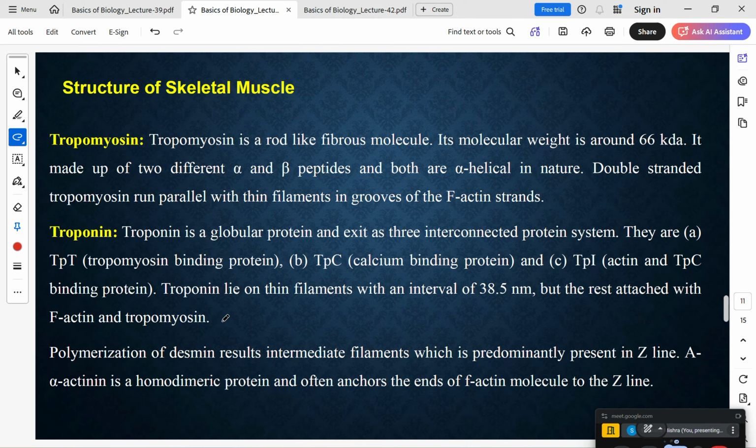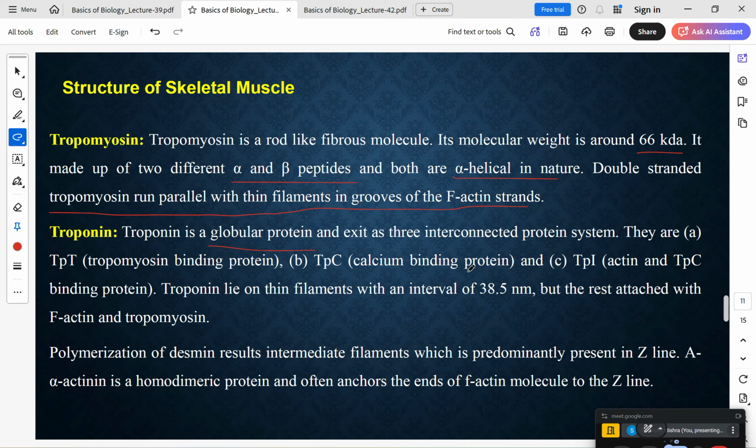Tropomyosin is a rod-like fibrous molecule. It has a molecular weight of around 66 kDa. It is made up of 2 different alpha and beta peptides, and both are alpha helical in nature. They are double-stranded and run parallel with the thin filaments in the grooves of F-actin strands. Troponin is a globular protein.